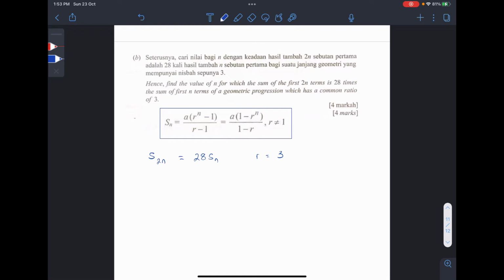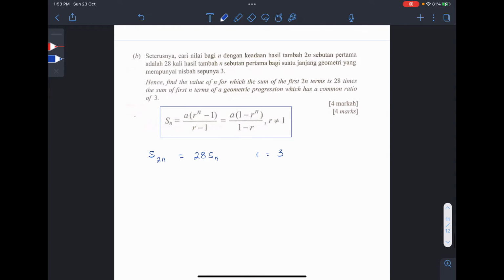So based on this, I'm going to use the first formula on the left, which is a(r^n minus 1) over r minus 1, because the common ratio was 3, and if it's more than 1, you use the left formula. So let's put our values inside. r is 3, so a(3^2n minus 1) over 3 minus 1, and 3 minus 1 is just 2, equals 28 Sn.